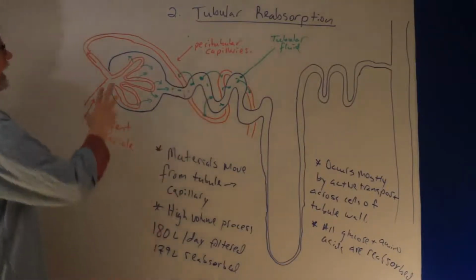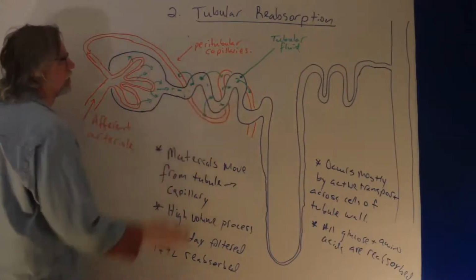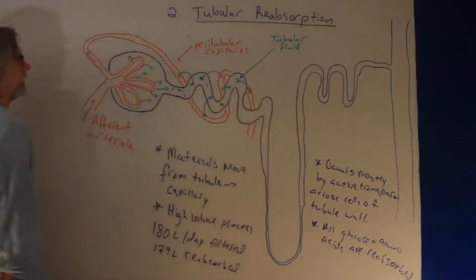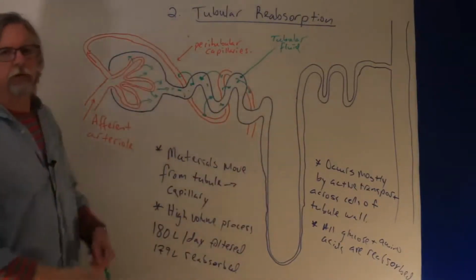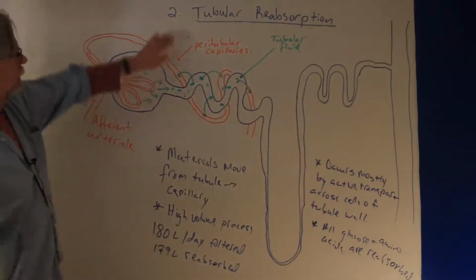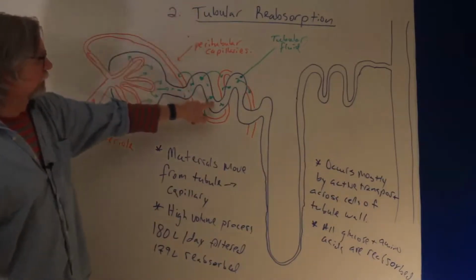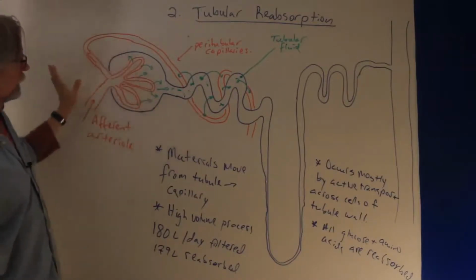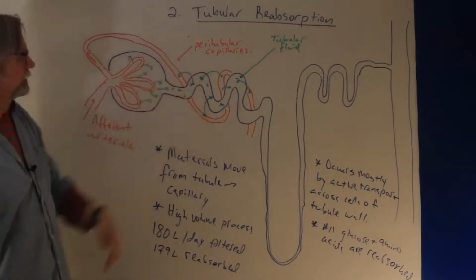And there's a set of capillaries that surround the proximal and distal convoluted tubules. I didn't show it for the distal, but they're called the peritubular capillaries. These are present in cortical nephrons. Okay? So the process of tubular reabsorption is moving of materials from inside the tubule back into the bloodstream. Filtration is moving it out of the bloodstream. Tubular reabsorption, moving it back into the bloodstream.